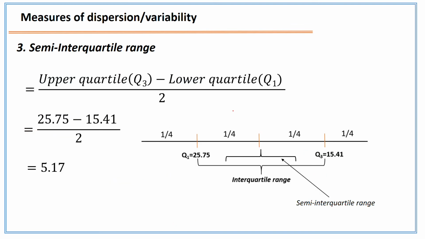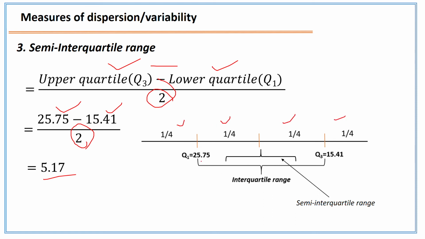Now semi-interquartile range. Semi-interquartile range is nothing but we take the upper quartile and lower quartile, take the difference of both, and divide it by 2. So 25.75 minus 15.45, divided by 2, is 5.17. So 1 by 4, 1 by 4, 1 by 4, and 1 by 4.